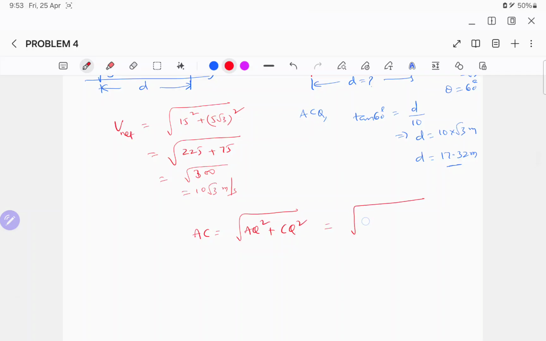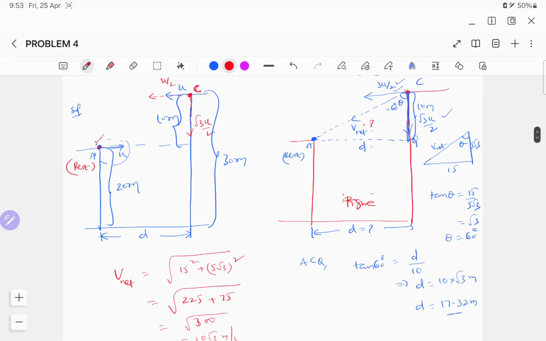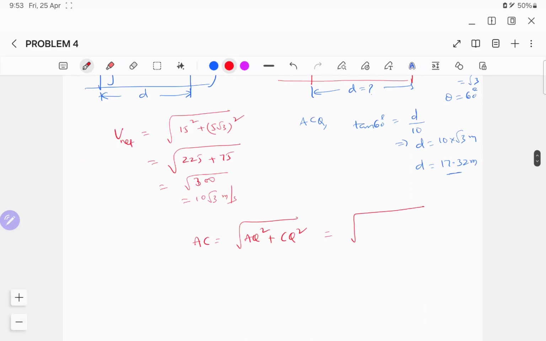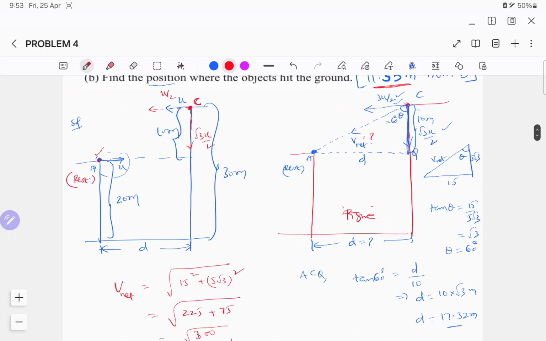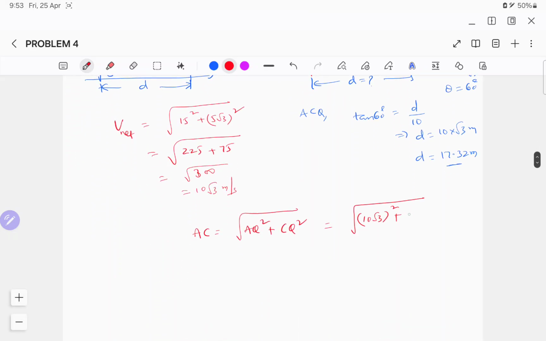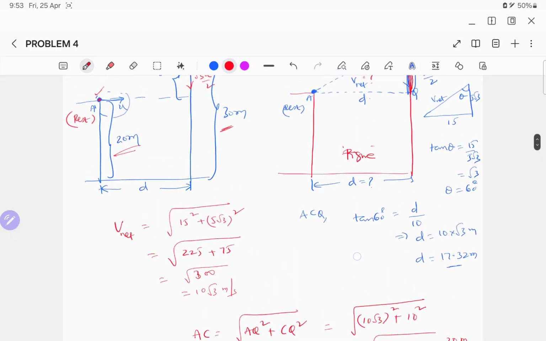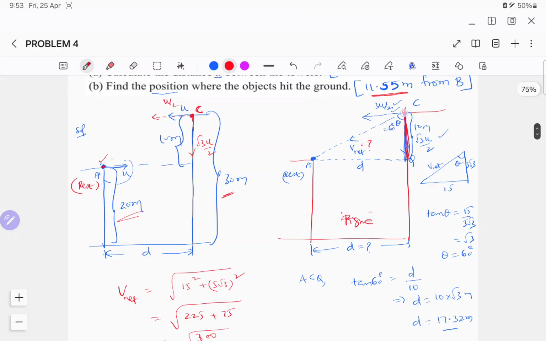As you got AQ just now, the value of small d as 10 root 3 whole square, plus CQ, which is nothing but this line length of 10 meter, the difference of these tower heights. So it will be 10 square. So what you get here is 300 plus 100, 400, which is nothing but 20 meters, right?